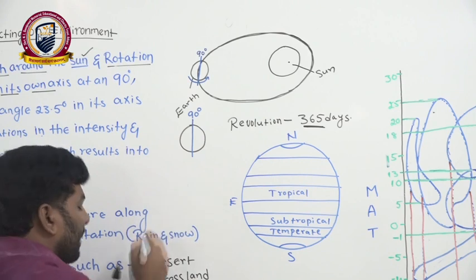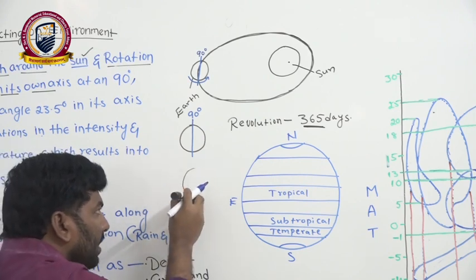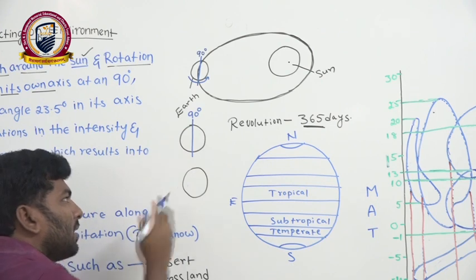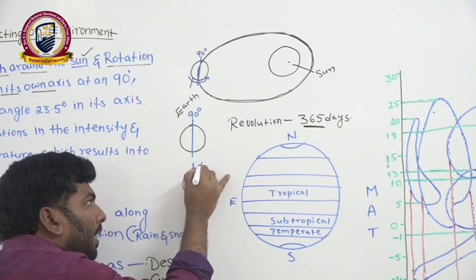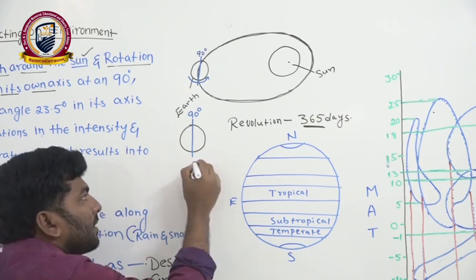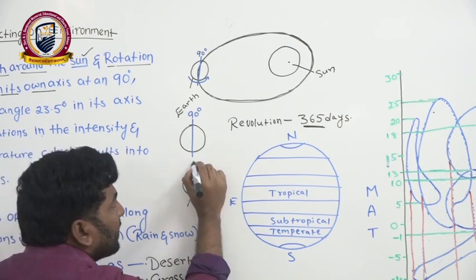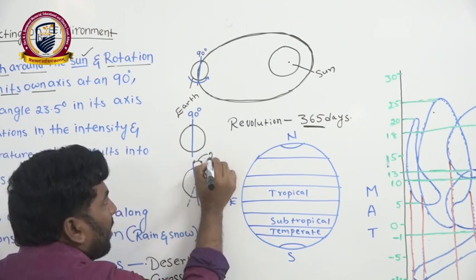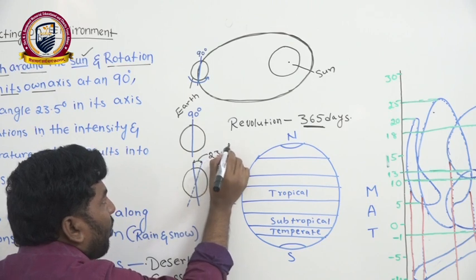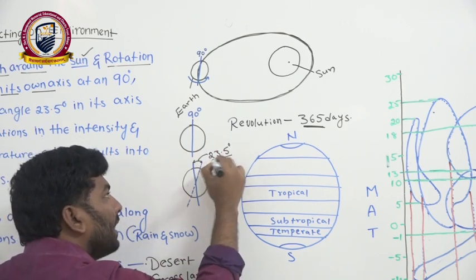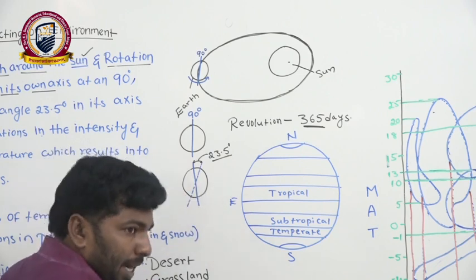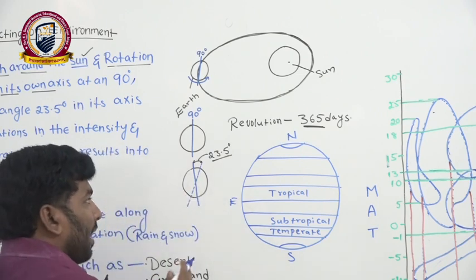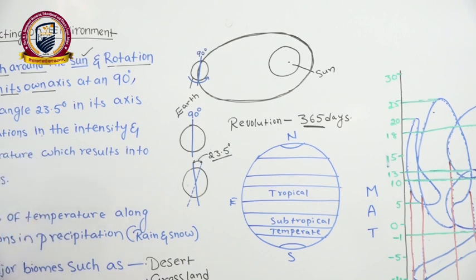While rotating, sometimes this angle tilts by 23.5 degrees. Tilting means bending. Due to this bending, what happens? Different seasons form in nature, in the environment.